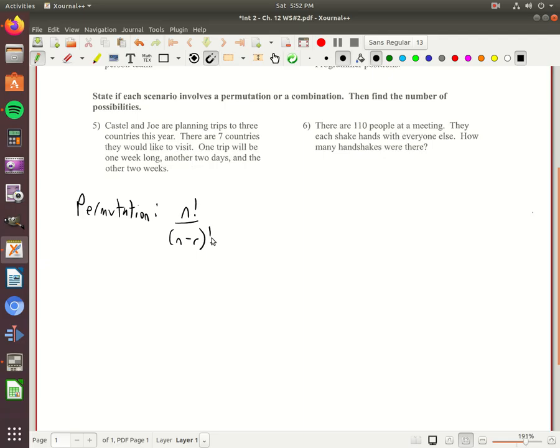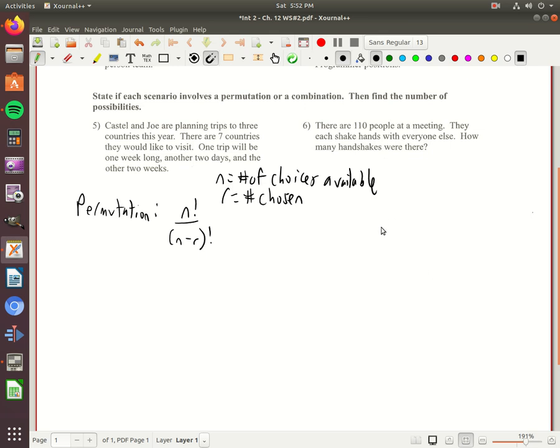So I think a great question is, what is n and what is r? n is going to be the number of choices available, and r is going to be the number chosen.